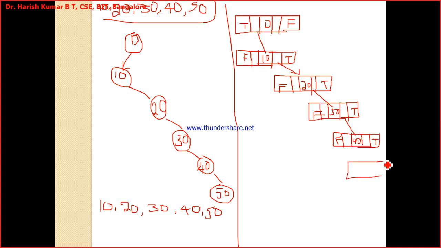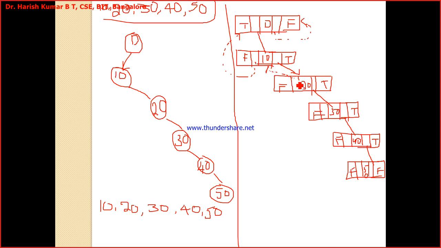Now we have the last one, 50, and both are false. Now, since this is a null pointer, make the pointer point to its predecessor. Before 10 you don't have anything, so it should point back to the dummy node. Then this is a null pointer, before 20 there is 10, so it points to 10.